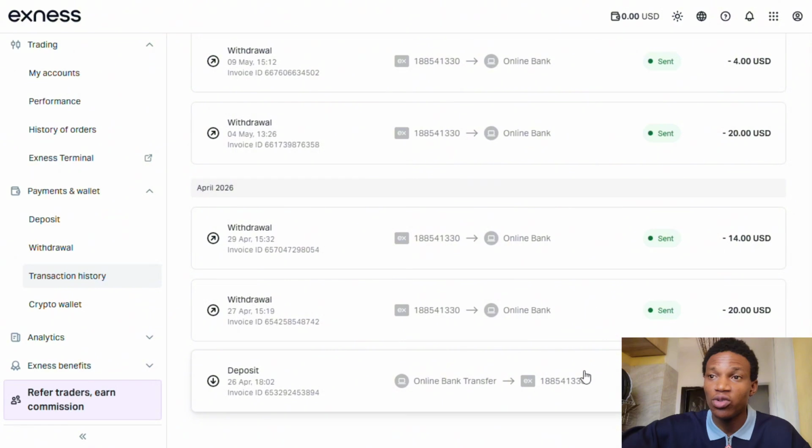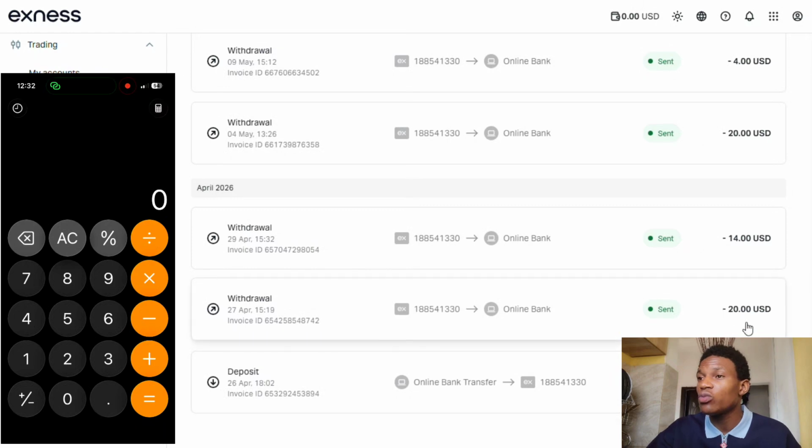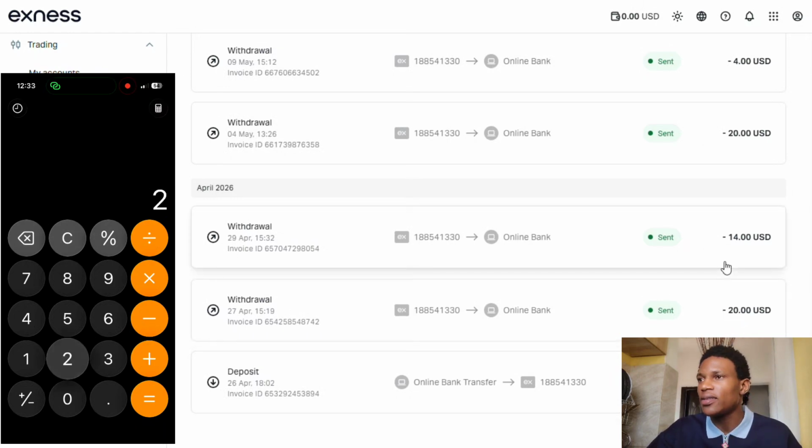That's on the 26th, which is on Saturday. Then on Monday, the next day, the 27th, I made some money. That's why I did some withdrawal over here. So let's calculate together the total withdrawal I made with this $12 deposit. First withdrawal was $20. My second withdrawal was $14.